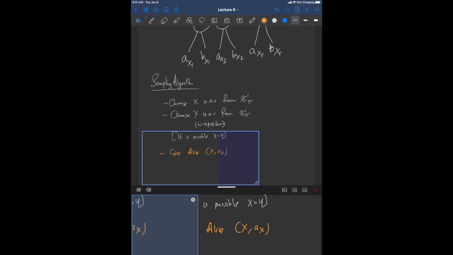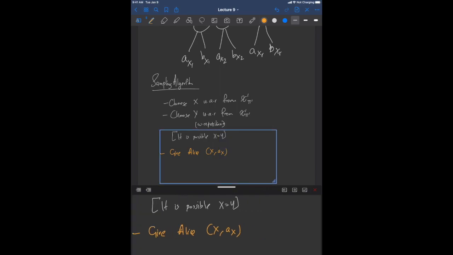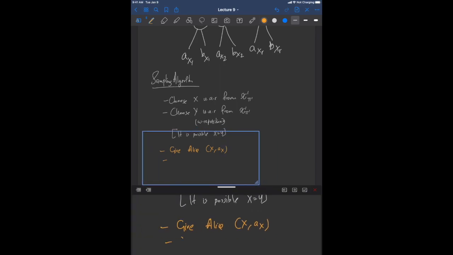With every matrix x that is in X dash pi, there's a unique vector ax that we assume we will give to Alice. So give that to Alice. And what do we do for Bob? It's an analogous thing. We give y comma by to Bob.